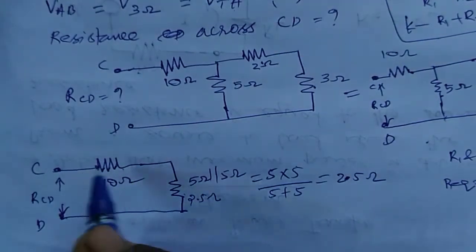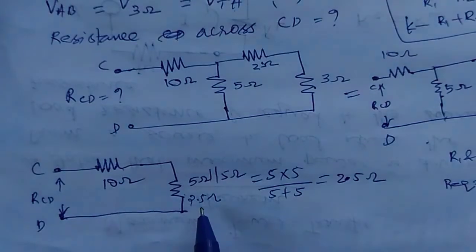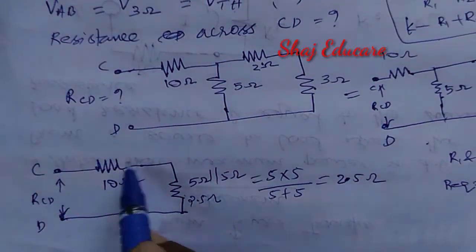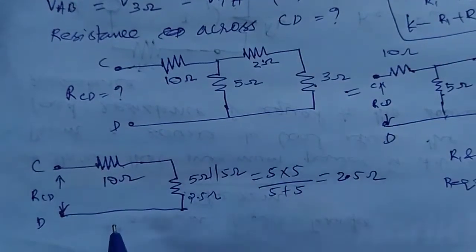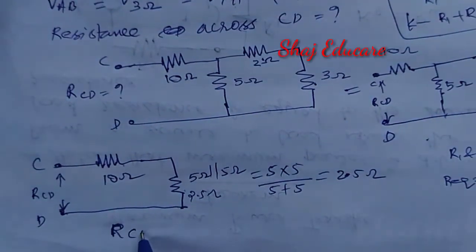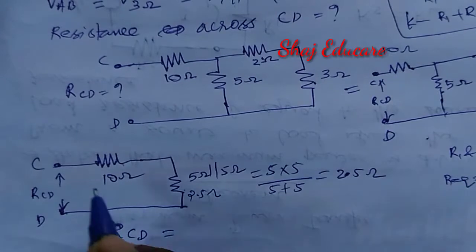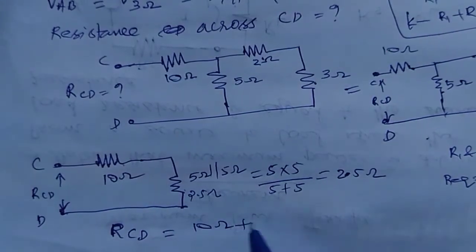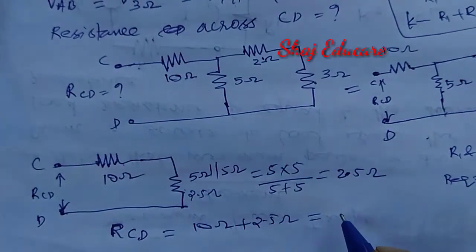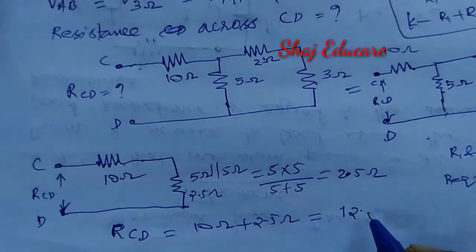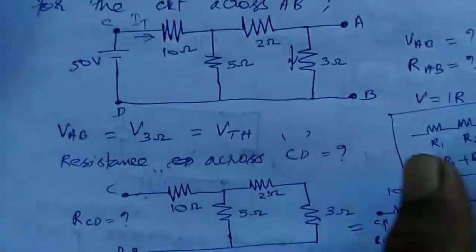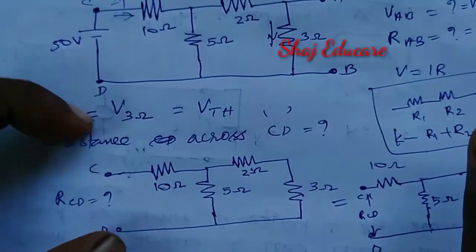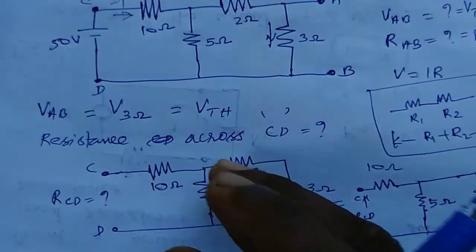What about their relationship? 10 ohm and 2.5 ohm are connected in series. Then RCD will be 10 ohm plus 2.5 ohm, and the corresponding resistance will be 12.5 ohm. Now we got the resistance across here as 12.5.